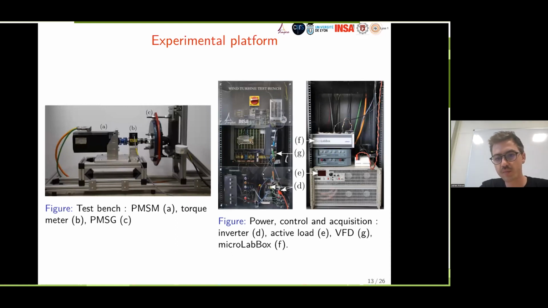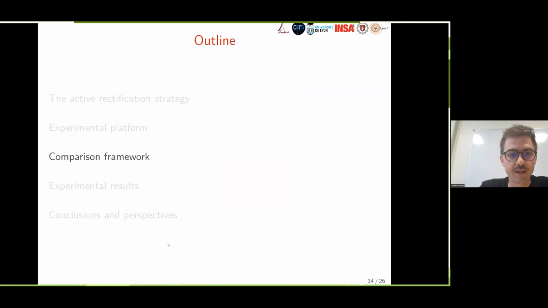And this is all the instrumentation. So active load. We use a dSPACE MicroLabBox to acquire the signals and also to control the rectifier. This is the VFD, and these are the two different rectifiers, the passive rectifier here and the active rectifier here. It's difficult to see, but they are there.